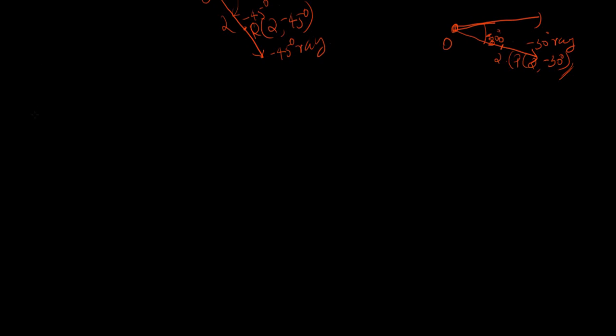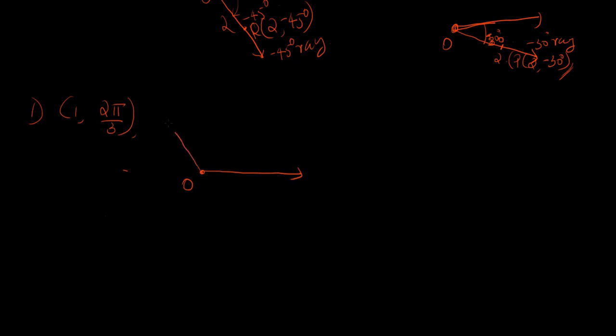Draw a line. Plot the point (2, π/3). First of all, we have to draw a polar axis. Here, 2π/3 means actually what? 2π is 360, so that is 120.